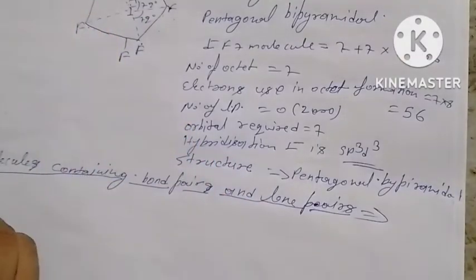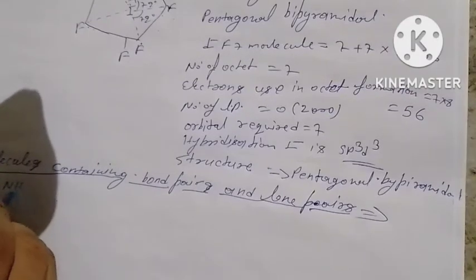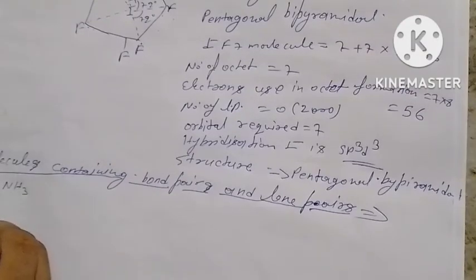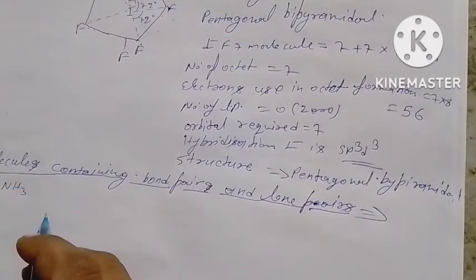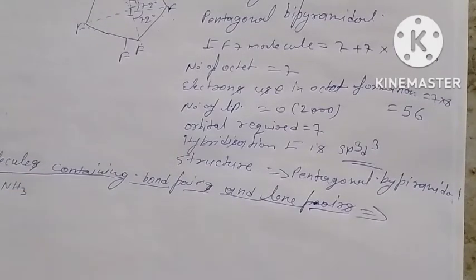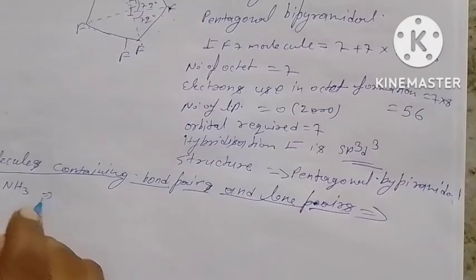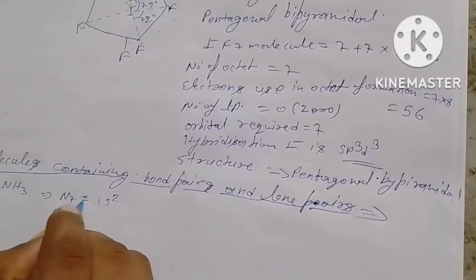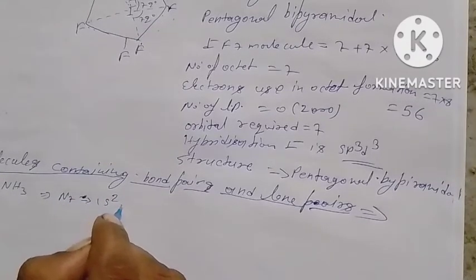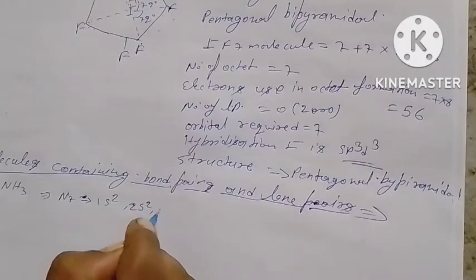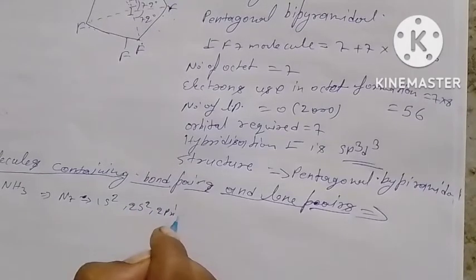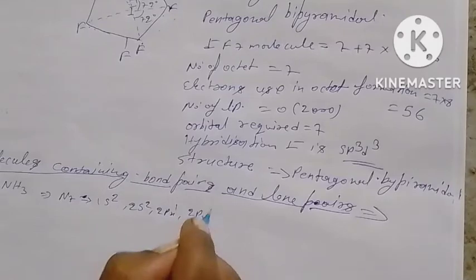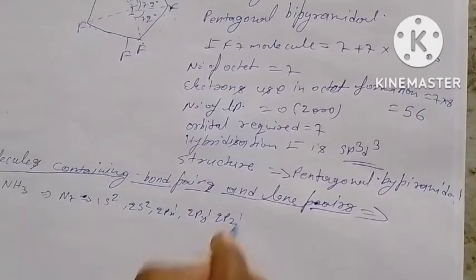First, NH3, ammonia. In NH3, the central atom is nitrogen, and the electronic configuration of nitrogen, N7, is 1s2, 2s2, 2px1, 2py1, and 2pz1.